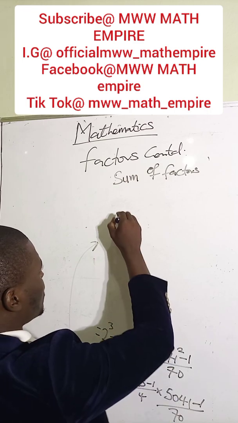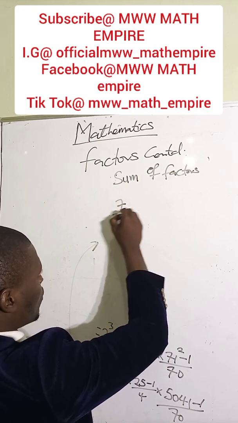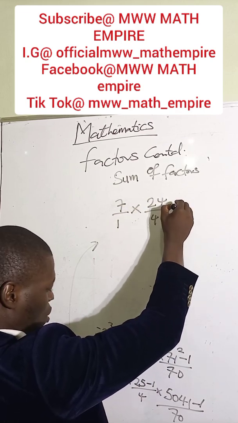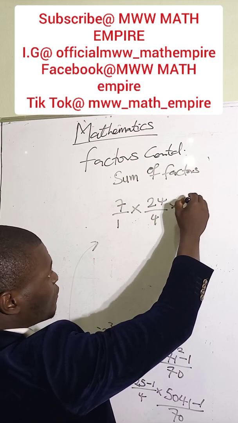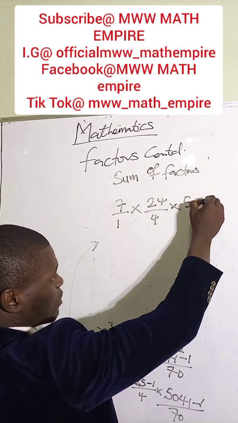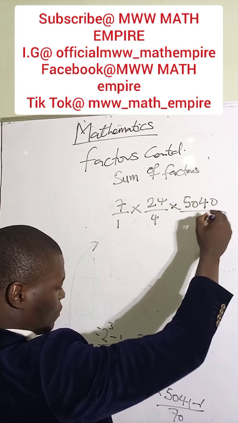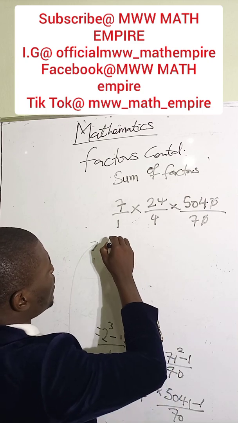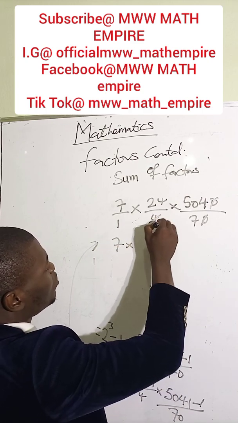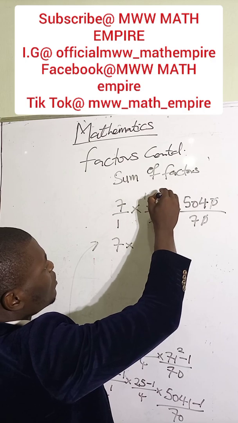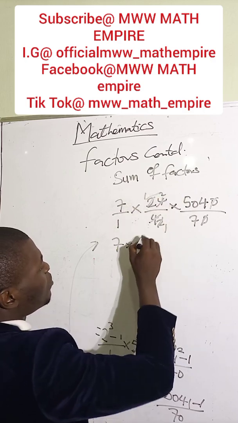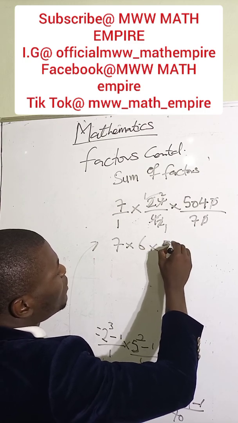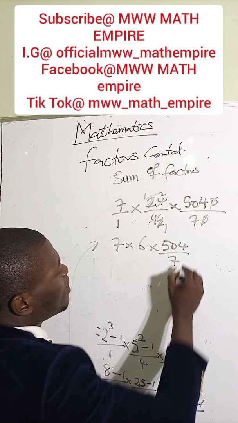Okay, 8 minus 1 will give us 7 over 1, multiplied by 24 all over 4, multiplied by 5040 all over 70. Now we have 7 times 6, then multiplied by 5040 over 70.